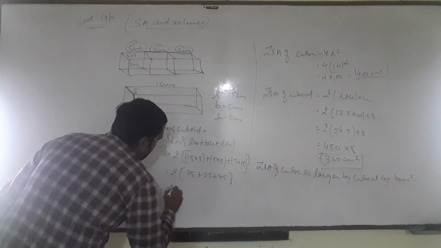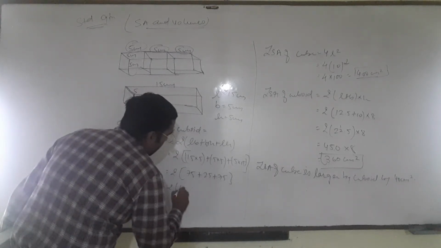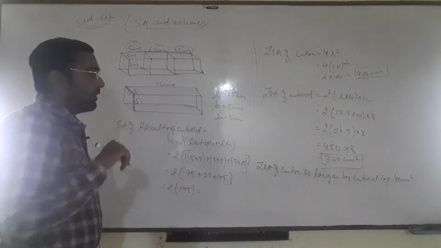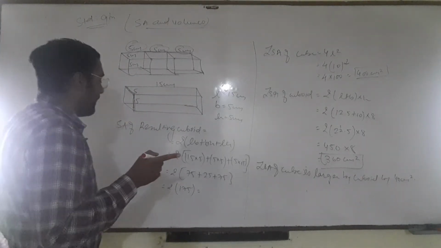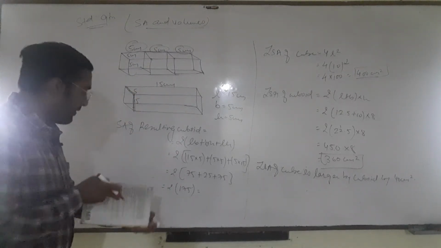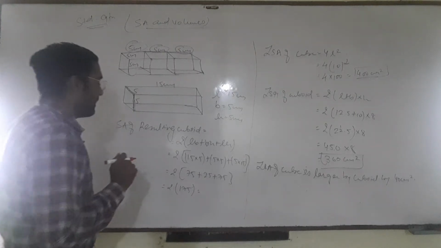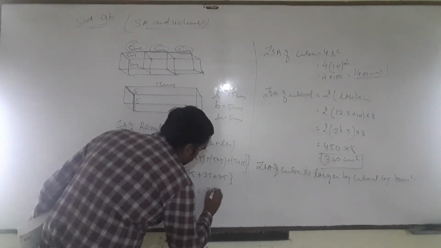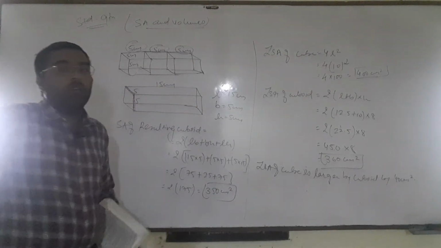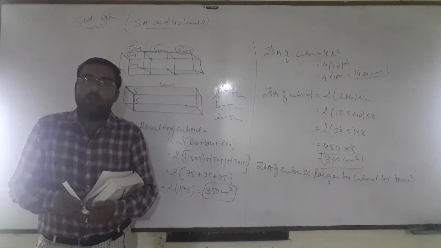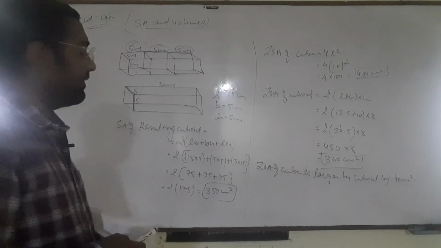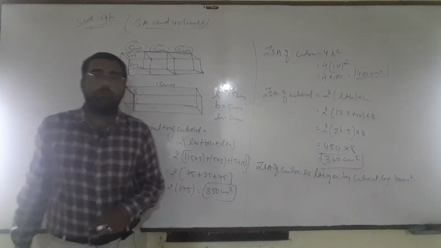Now 2 into (100 plus 75), that is 175, 175 into 2, that is 350. Sorry, that was my mistake earlier. So 350 centimeter square is my answer, the total surface area of the resulting cuboid. Okay students, clear?